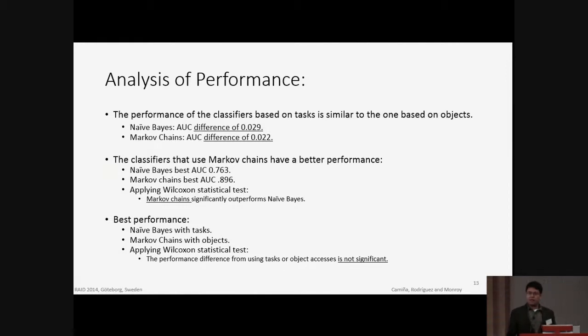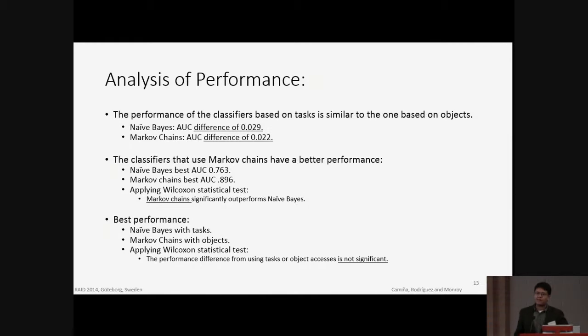And well, in order to do some statistical validation, we used a Wilcoxon test. We used this test because it's not parametric, and let me remind you that at this point we only have 20 users, so we couldn't use a t-test because of the normal assumption of the data.